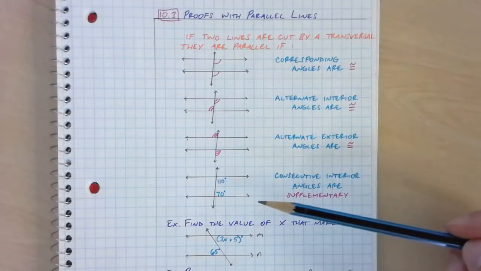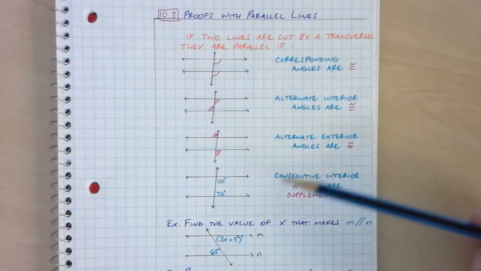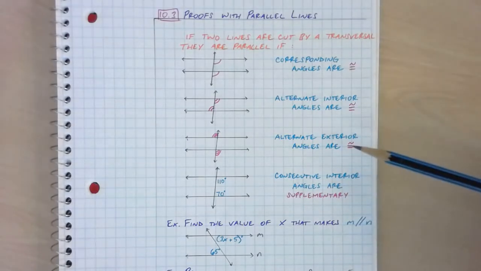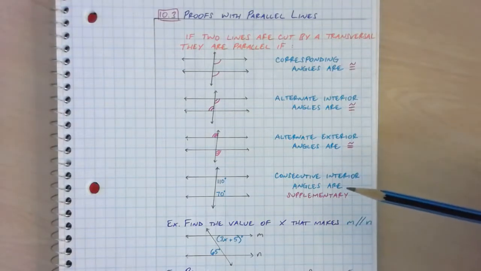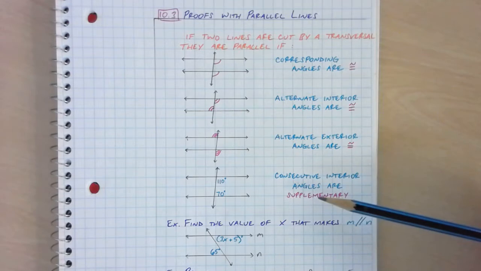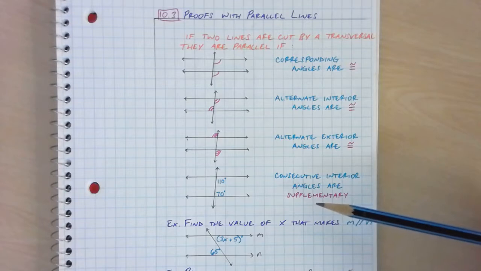And this one, this is the oddball, so make sure that you circle this one, star this one, because it's so easy to get used to this congruence, same, looking for the copy and paste, that this one tends to fly under the radar. Consecutive interior, or same side inside angles, if they are supplementary, and again, if you need to write down in your margins what that means, supplementary means they add to make 180 degrees.